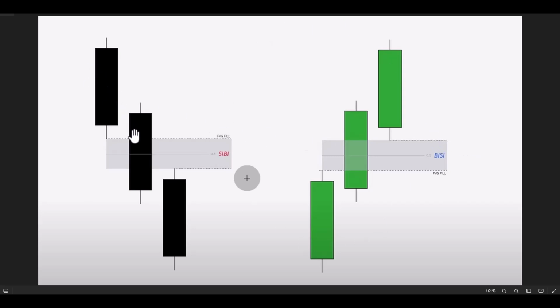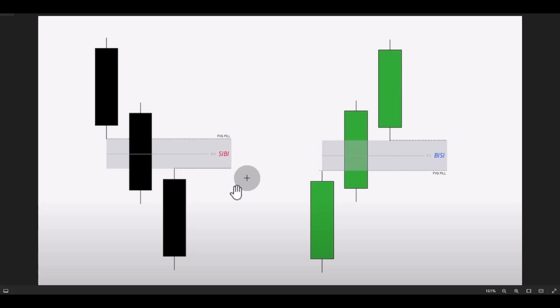For a bear strategy, a bear FVG, you can see it right here. This is three red candles, even though you see them as black, they represent red candles. For a bullish strategy, you will see three green candles, and the space between the two wicks, since they didn't meet, is the fair value gap or imbalance.